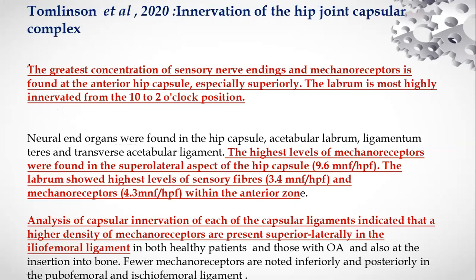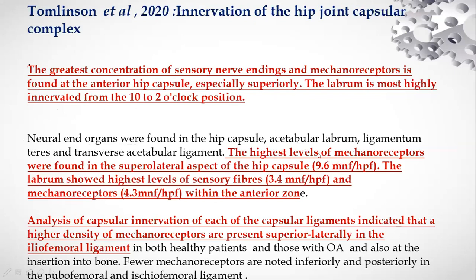A little bit more about the sensory nerve endings. As I had summarized before, sensory nerve endings and mechanoreceptors are found in high concentration in the anterior hip capsule, from the 10 to 2 o'clock position. They have also found a lot of mechanoreceptors and sensory fibers concentrated in the acetabular labrum.